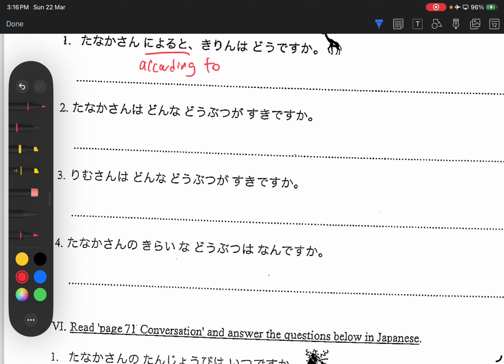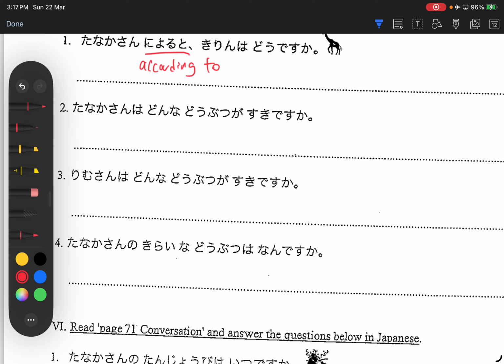Okay, next question. Tanaka-san no kirai na. Right, kirai is a na adjective, so we need to put a na particle. So kirai na doubutsu wa nan desu ka? Yes. Tanaka-san no kirai na doubutsu wa hebi desu. Okay, very good. Is it just hebi? Or just for Tanaka, right? So don't be confused with the next guy.